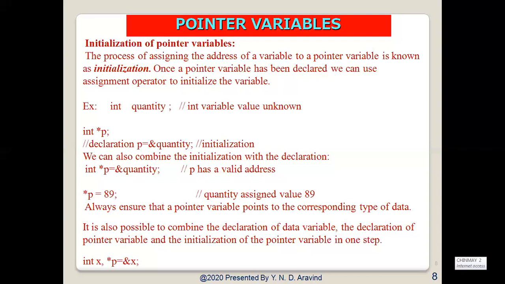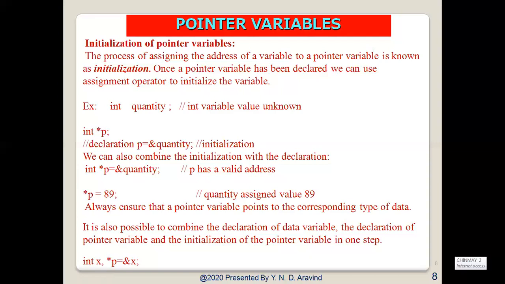So here, what is pointer p? Pointer p is a pointer variable which is going to hold the address of another variable. In this example, that other variable is quantity. So int quantity is the name of a variable which will have some value, and it will be allocated somewhere in memory.